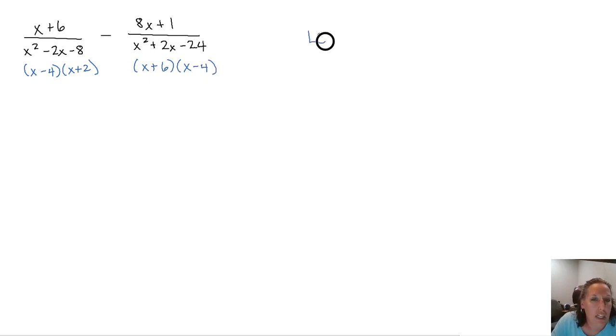So our LCD here is going to be, we've got an x minus 4 and an x plus 2 from our first denominator. We've got an x plus 6 from our second denominator. We've already got the x minus 4 on the list there, so that's going to be our LCD.